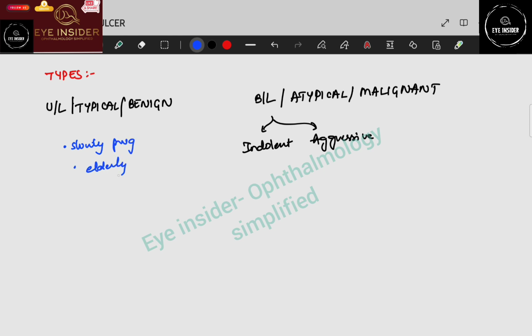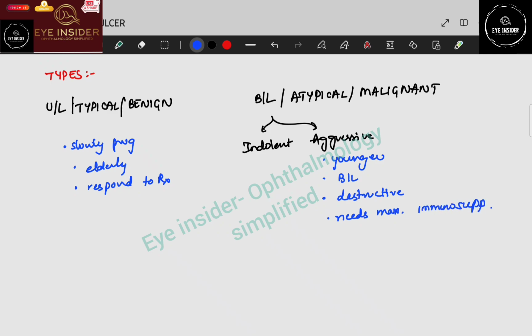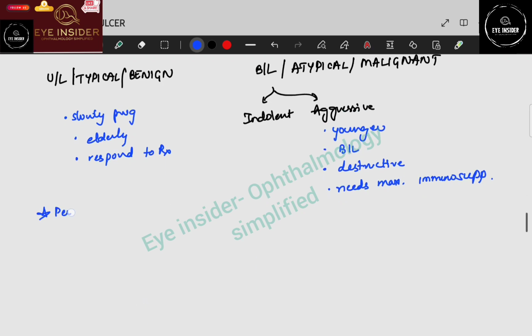Whereas the aggressive one is seen in younger individuals, it is bilateral, destructive and needs maximum immunosuppression, and there are more chances of perforation in these aggressive cases. Okay, so perforation can occur with minor trauma in almost 30 to 40% of the cases.